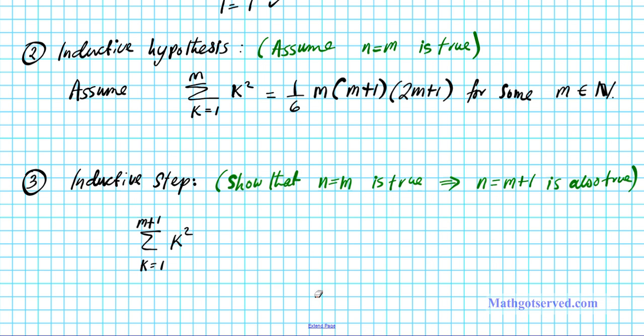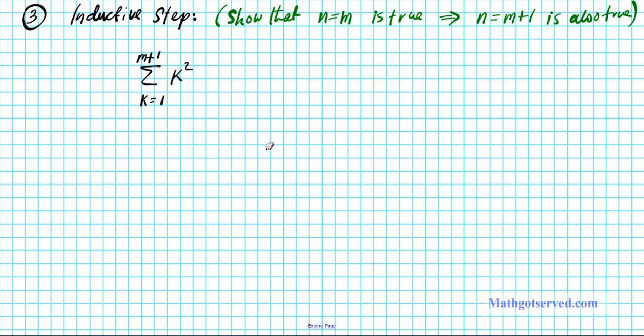Well, just to make sure you understand what's going on with this sigma notation, I'm going to rewrite this sum in a way that makes it obvious, and then I'll condense it back for you, okay? So what this expression is asking you to do is take all the integers or natural numbers from 1 to m plus 1, square them, and add up the squares. So starting from 1, you plug in 1 there.